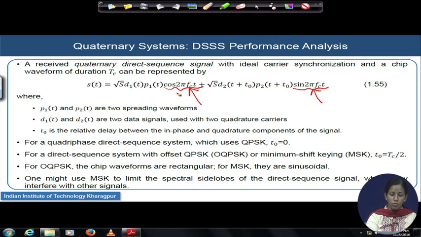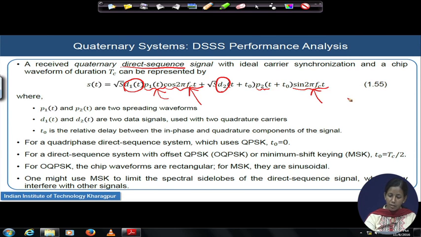And we also have two different symbols transmitted over these two orthogonal basis functions. Once we are using direct sequence spreading, the spreading signal used to spread the symbol D1 is P1, and the sequence utilized to spread the signal D2, suppose, is P2.